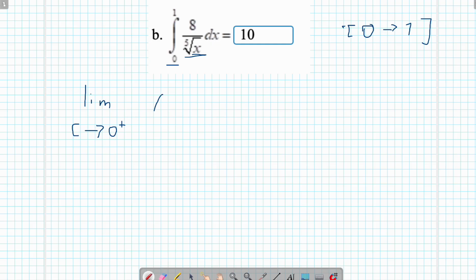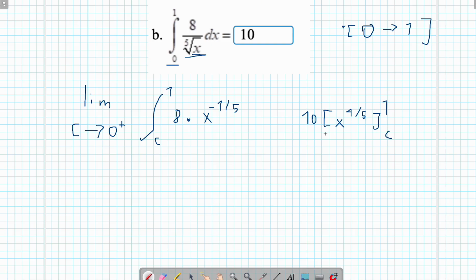So, and then again we're gonna do like part A, c, 1, 8 times x to the negative 1 over 5. Then we can integrate as always. We're gonna get 10 times x to the 4 over 5 from c to 1.